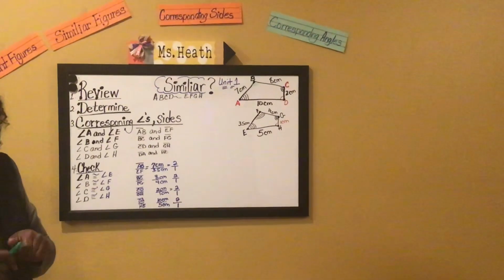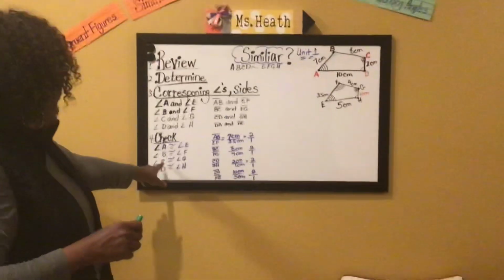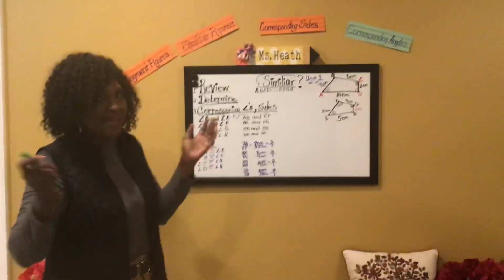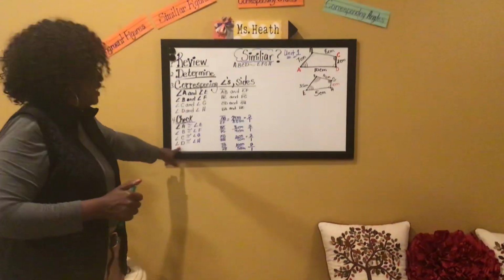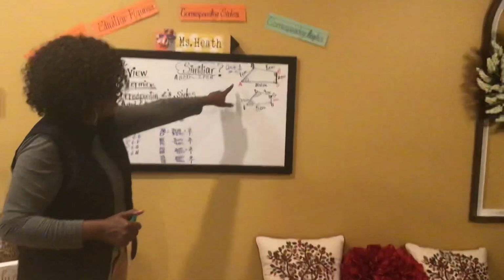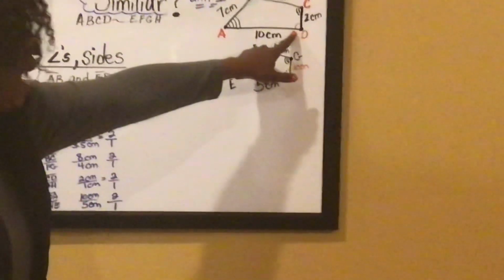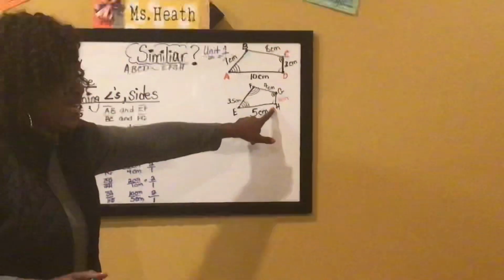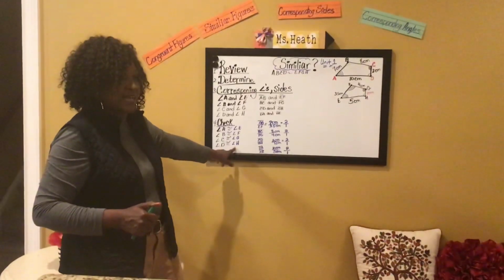So we can say that angle C is congruent to angle G. Is everybody catching on, you guys? And lastly, angle D. Angle D has 1 marking. We come over here to angle H, and it only has 1 marking. So we can say that angle D is congruent to angle H.